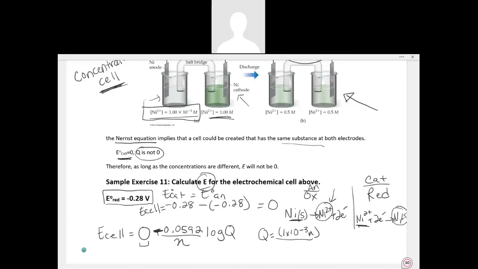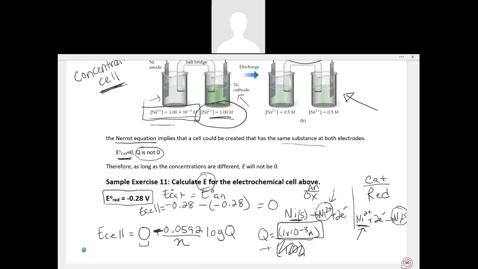My denominator is going to be this concentration at my cathode, because I see that that's over here, 1.0 on the bottom. Lucky for us, this 1.0 on the bottom just returns that our Q is still just 1.0 times 10 to the negative third. It's like we didn't divide by anything here.